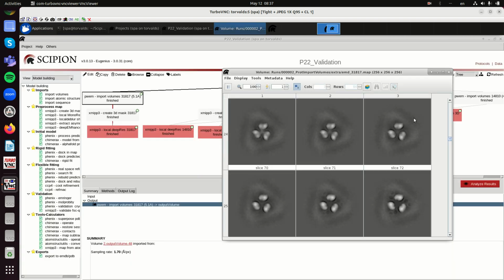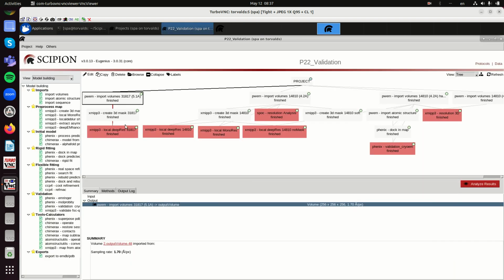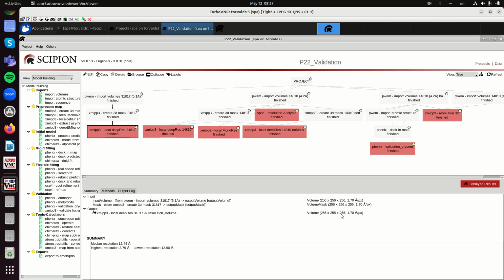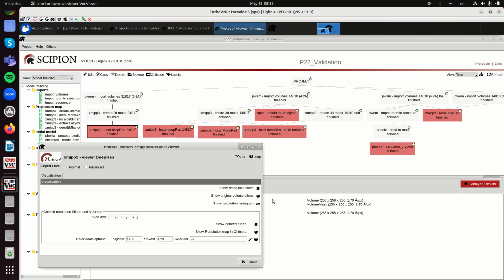So here we will use DeepRes, an algorithm based on neural networks. A protein structure at different resolutions has different properties. So it compares the properties of your map to the expected properties of a protein at that resolution, and then it assigns a resolution to every voxel.